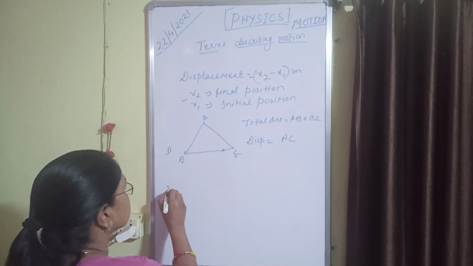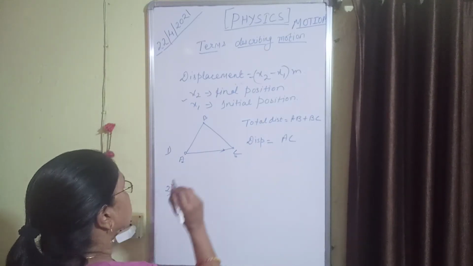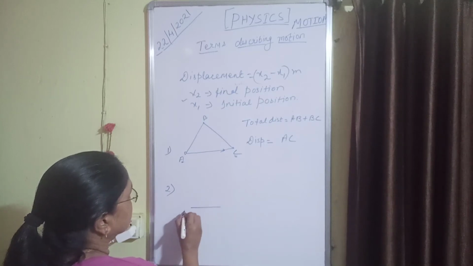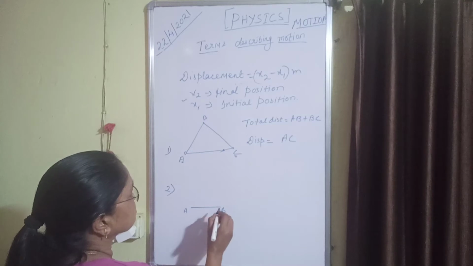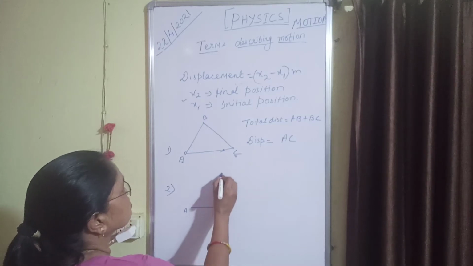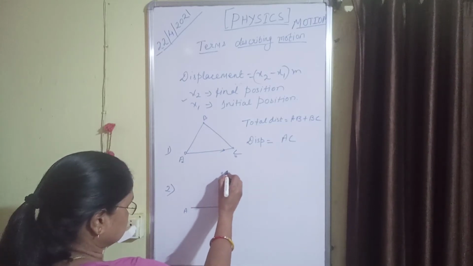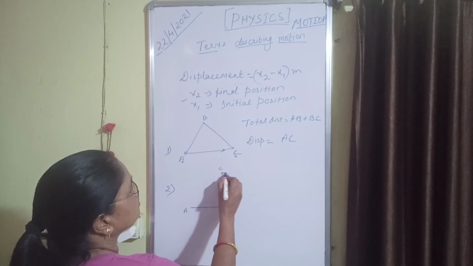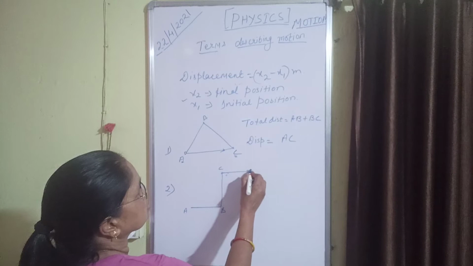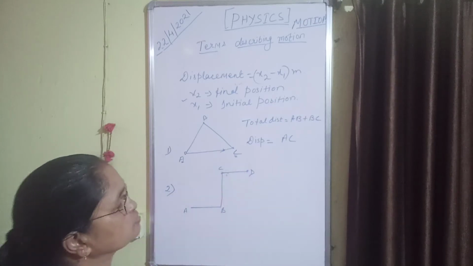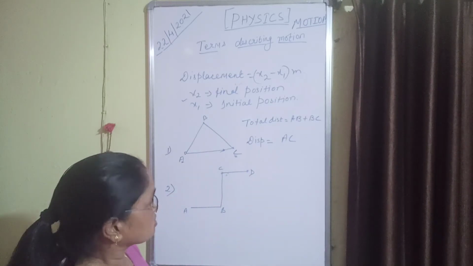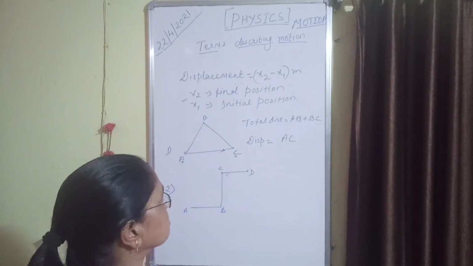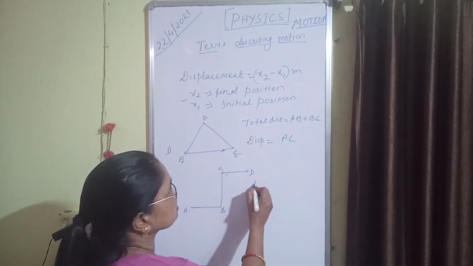Again, one more figure I am showing you. Suppose the body is moving from A to B and then again B to C and from C to D. If a body is moving like this, then very easily, if I ask you to calculate the total distance, you will be able to do it very well.